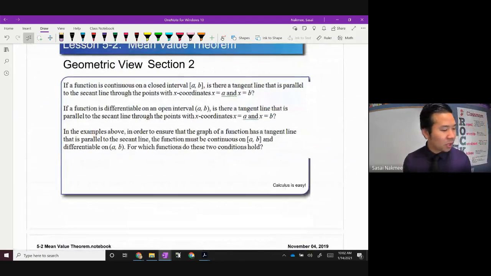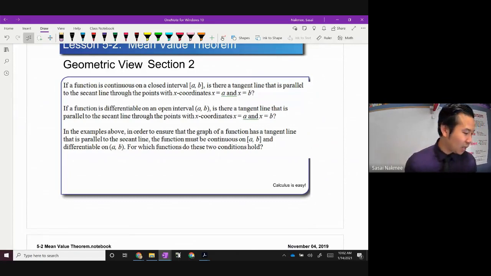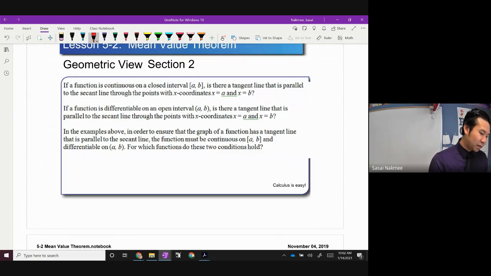If a function is continuous on a closed interval from a to b, is there a tangent line that is parallel to the secant line through the points with x coordinates x equals a and x equals b? If the function is differentiable on the open interval from a to b, is there a tangent line that is parallel to the secant line through the points with x coordinates x equals a and x equals b, right?